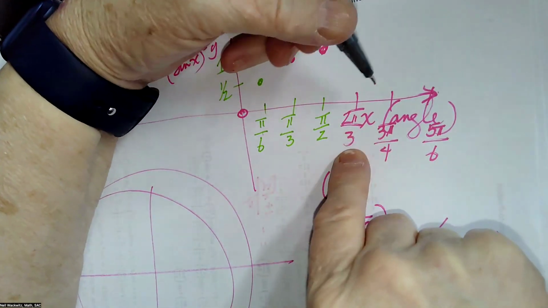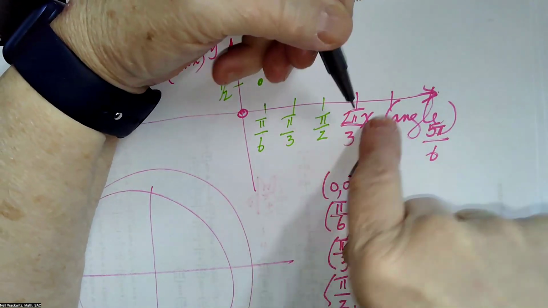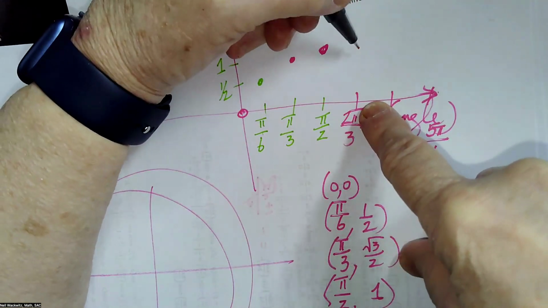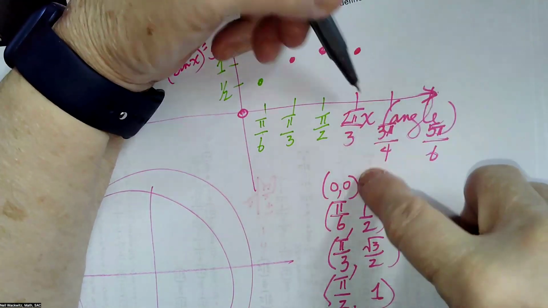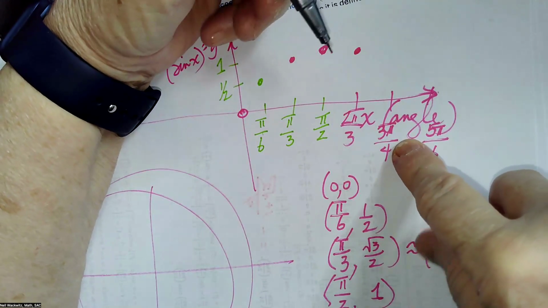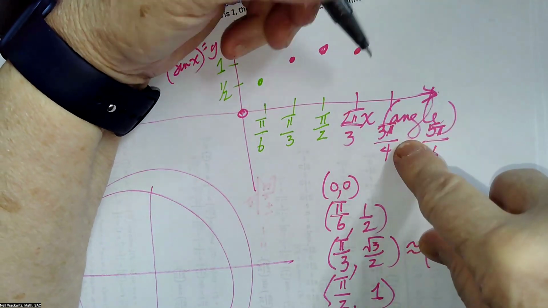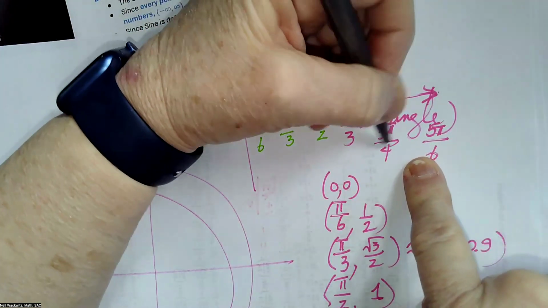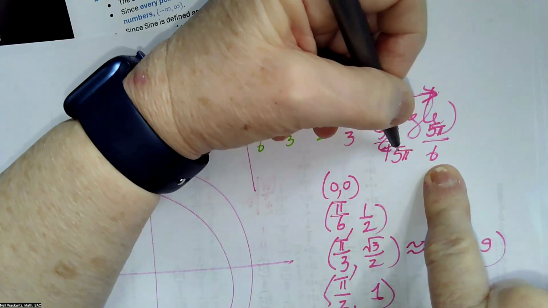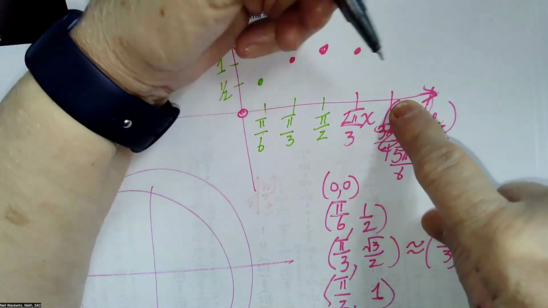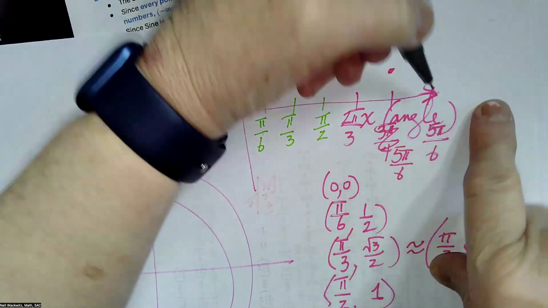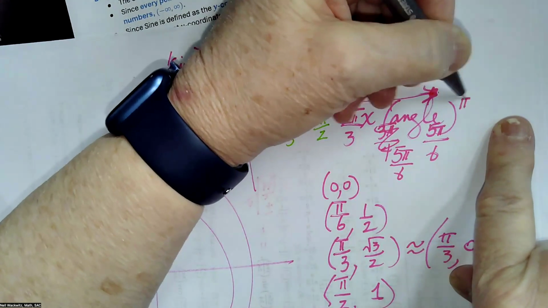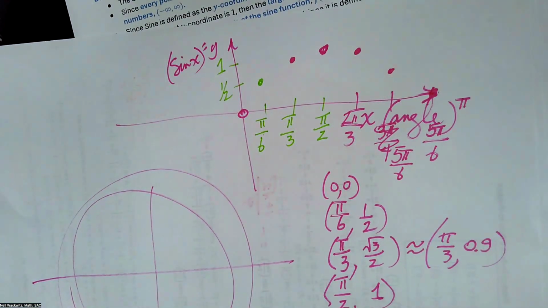So let's see, we've got 2 pi over 3, 3 pi over 4. Oh, we're not doing 3 pi over 4. 5 pi over 6 is going to be 1/2. And then pi, we're back to 0.